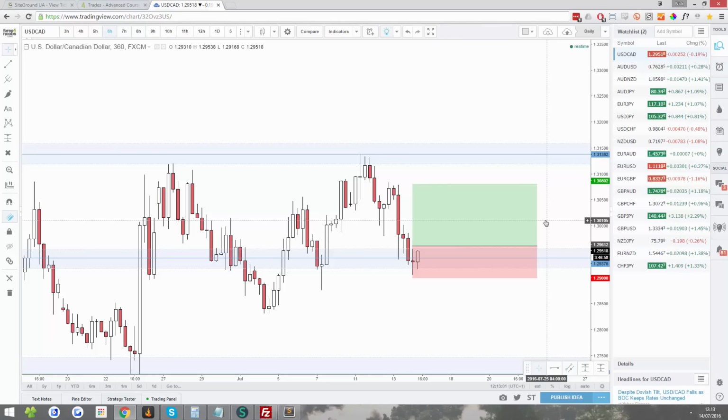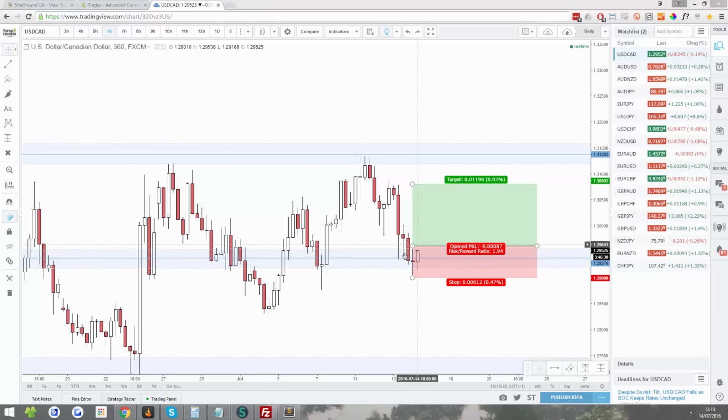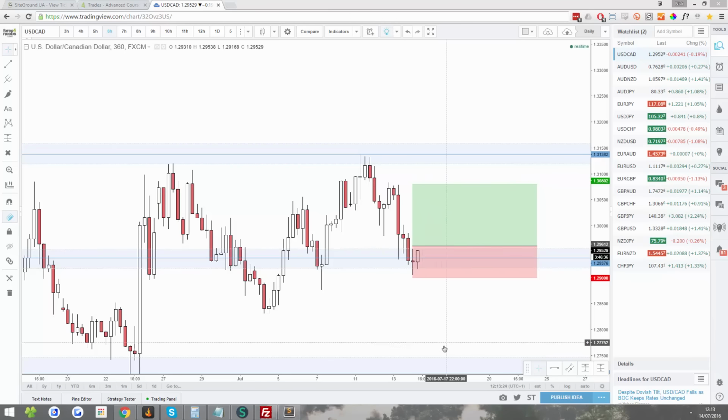I don't want to wait for a retrace. I don't want price to break up, push up above and then wait for it to come back down before I enter. USDCAD is one of those pairs that just kind of picks a direction and starts moving in that direction. Like I said, not always, but it does that quite a lot. So I want to enter this trade as soon as that high is broken.